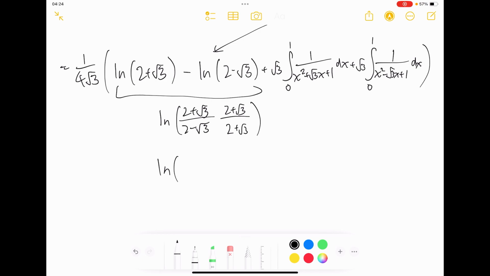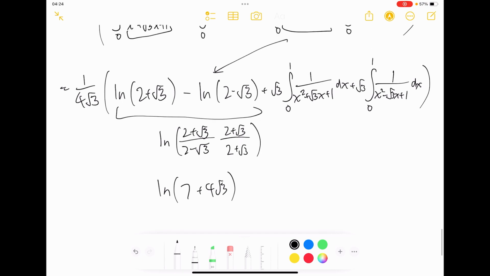And then the top is 2 plus root 3 squared. And that ends up being 4 plus 4 root 3 plus 3. So 7 plus 4 root 3. Let's hope I did that right. Yeah. So natural log of 7 plus 4 root 3.